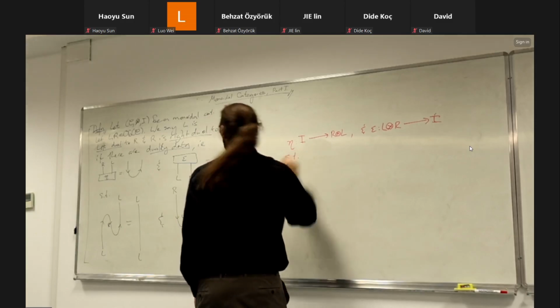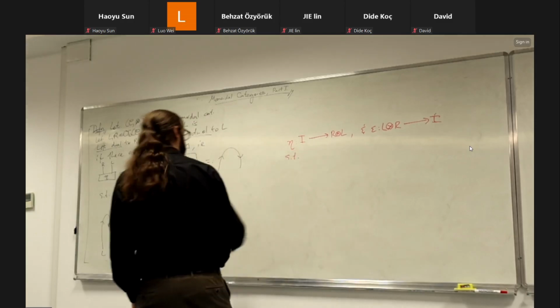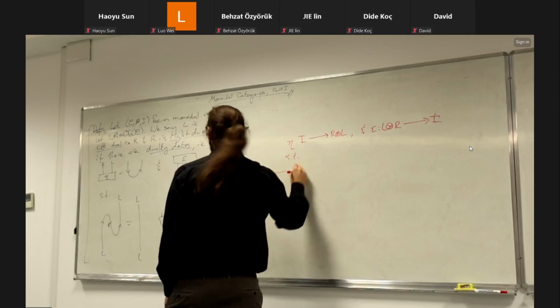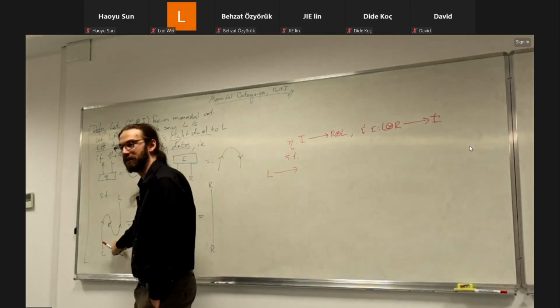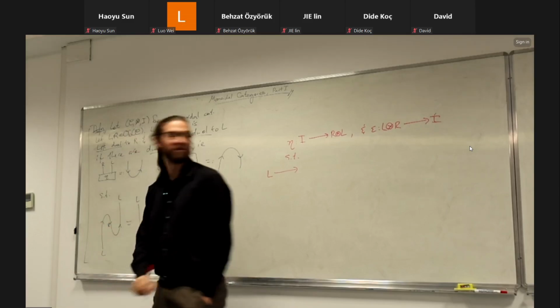such that, well, I need to write down what this is. So this is L, but then I need to add an identity here, a unit, because that's what this takes as input.